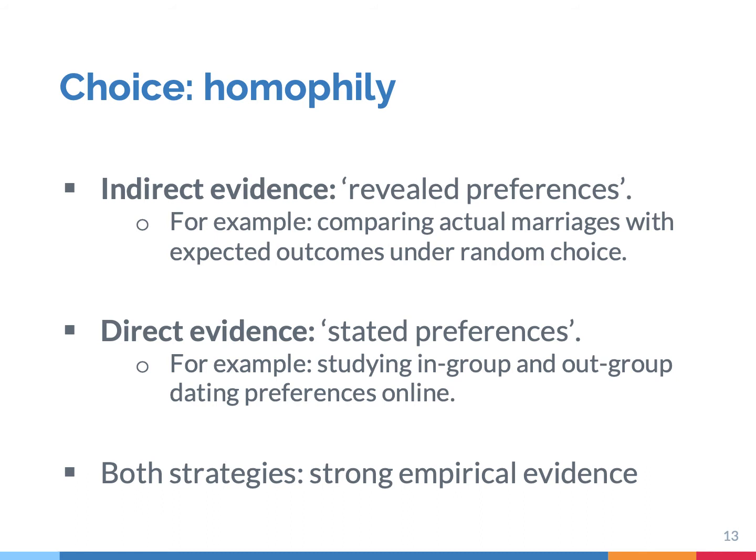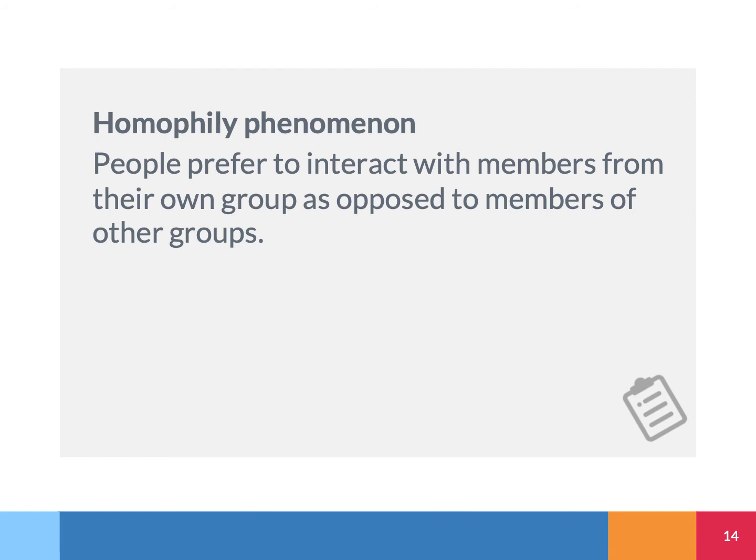And these studies find that people prefer to date members from the in-group, such as their own racial group. So these insights point to the same direction. Homophily is a key tie formation mechanism, which helps us to understand why group segregation emerges. And because there's so much empirical evidence for the impact of homophily, we can call it a stylized fact.